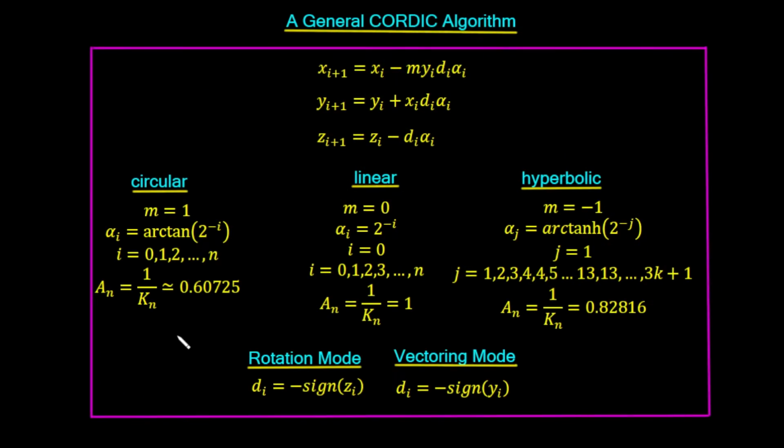So here is our final CORDIC algorithm. It's going to cover circular, linear, hyperbolic in both rotation and vectoring modes. The value of x_(i+1) is x_i minus this new factor which we called m times y_i d_i, and we have this new function which we'll just call alpha i.